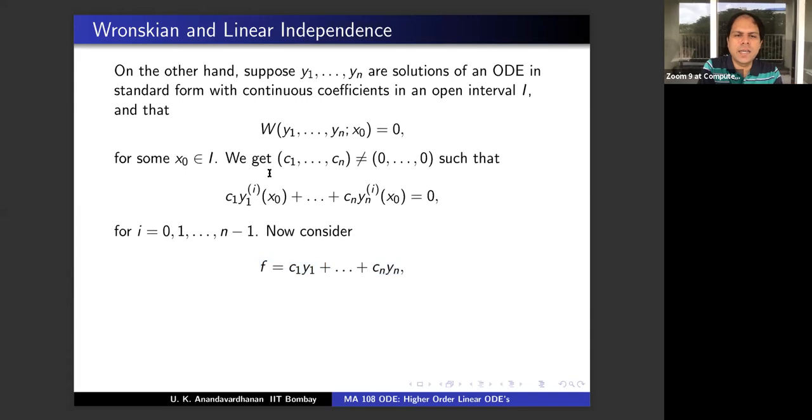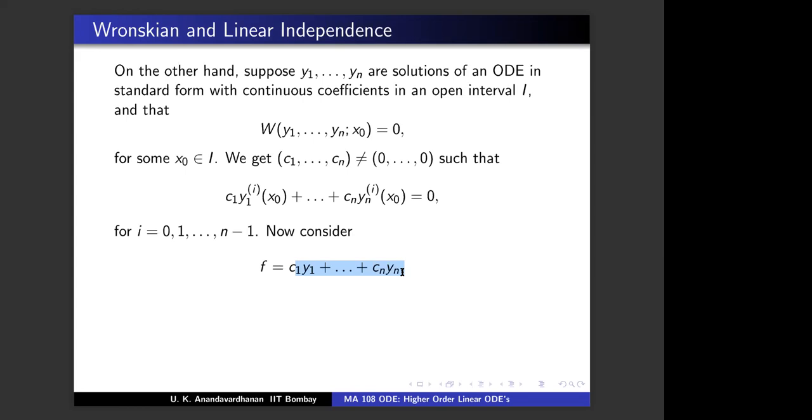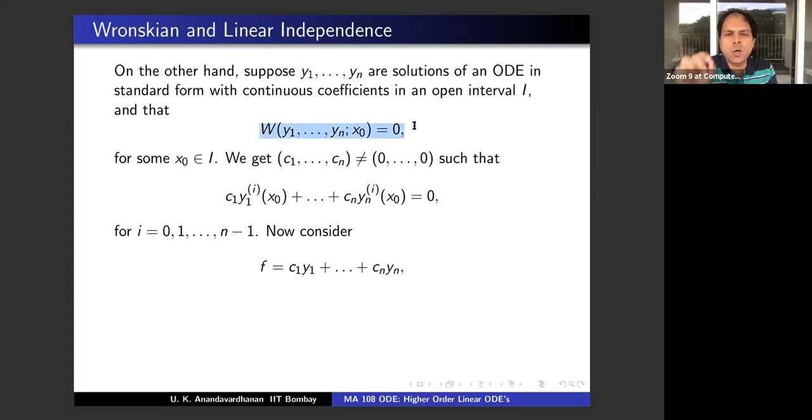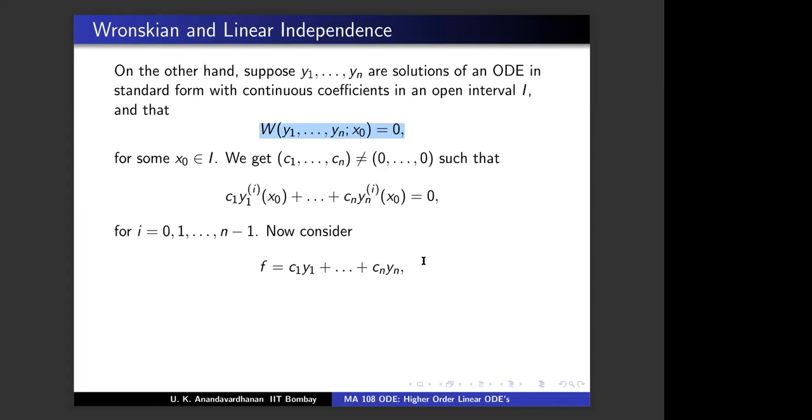And if f is identically 0, you have got non-zero coefficients so that the linear combination is identically 0, meaning y1 etc. yn are linearly dependent. Because of this condition, the Wronskian being 0 at one point, you have concluded that the functions are linearly dependent.